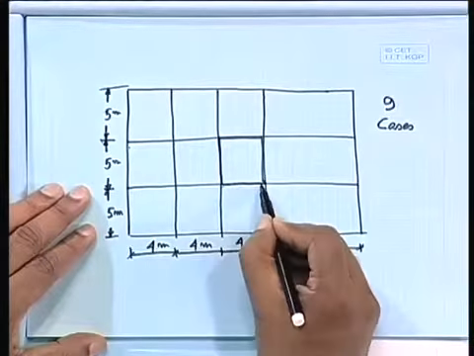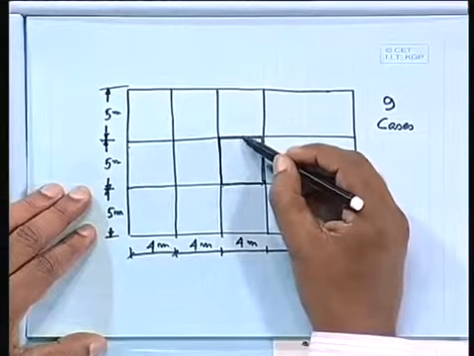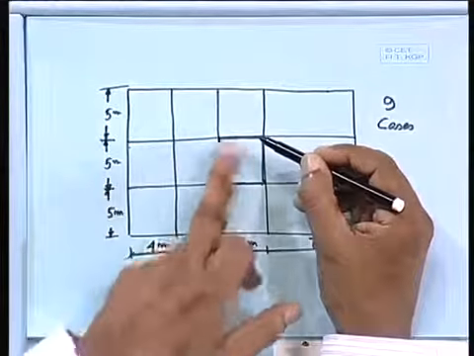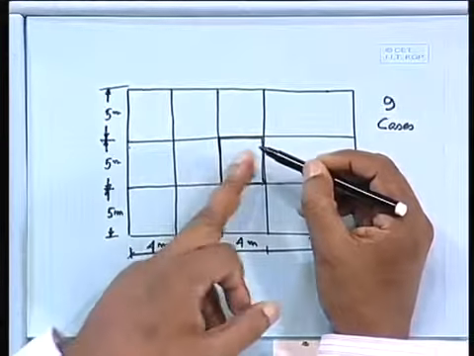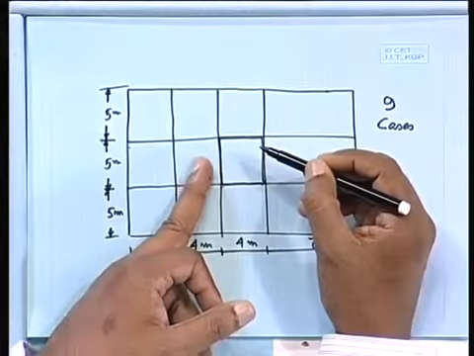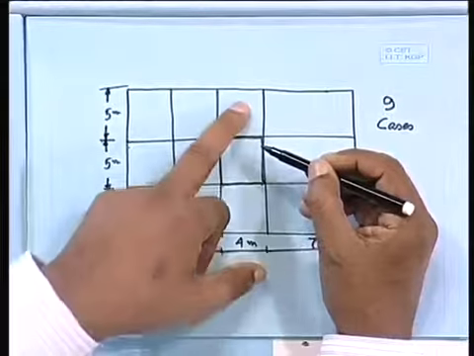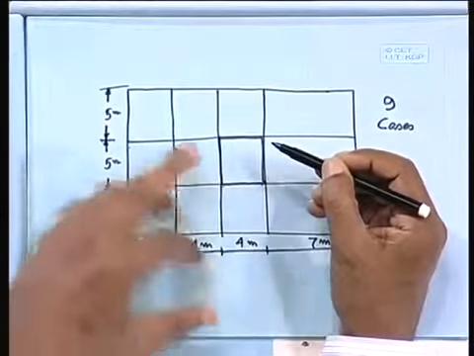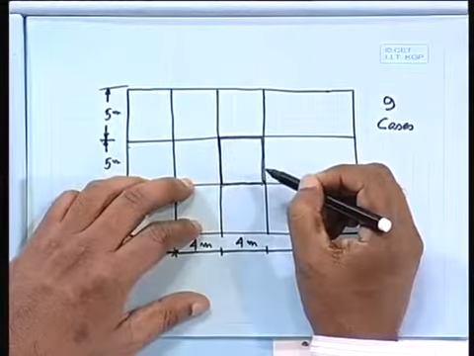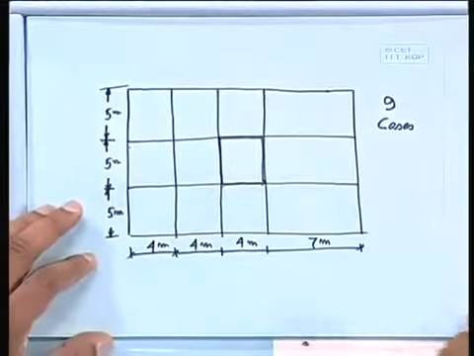Now if we take this case, it means on the left side of this panel you have another slab, this side also another slab, and this side also, that means all sides are continuous.